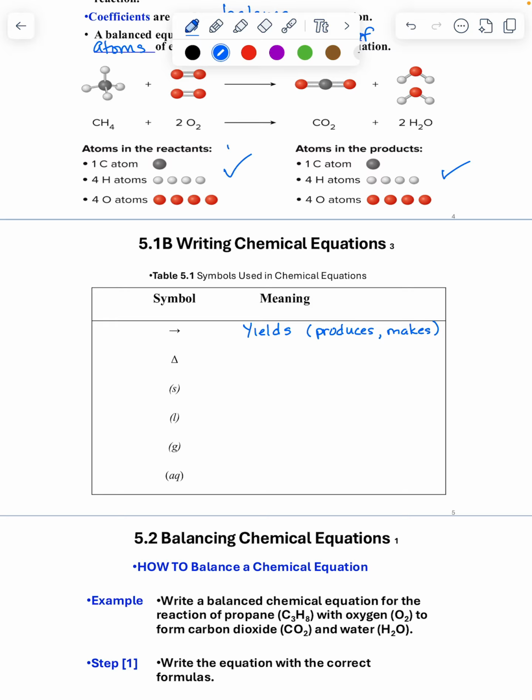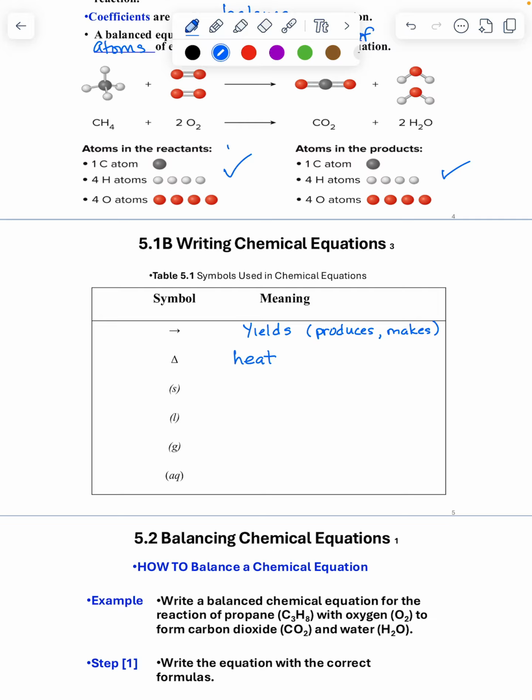Then we have this, which looks like a triangle. This is actually the Greek letter delta, and oftentimes in chemistry, delta refers to a change. When it is written with an equation, it refers to heat, so a change in the heat.